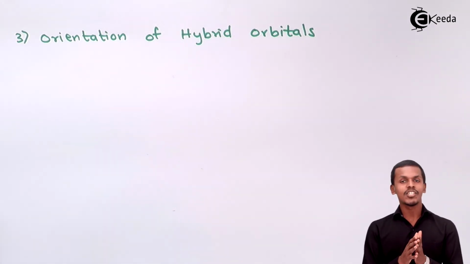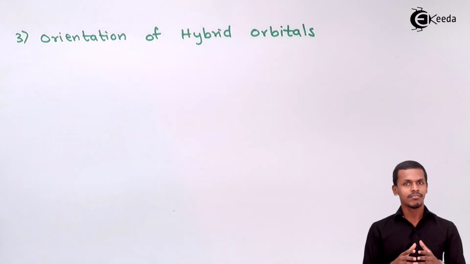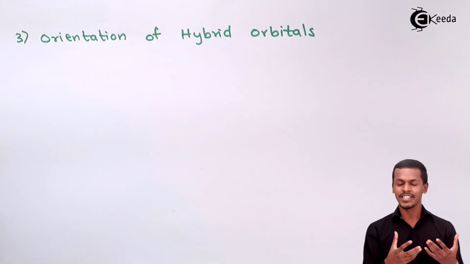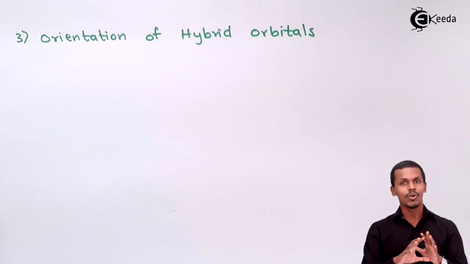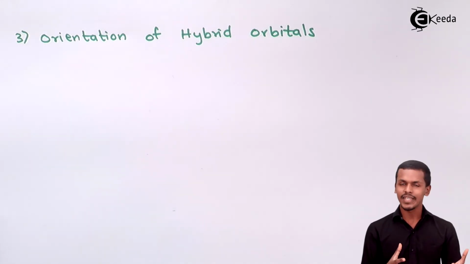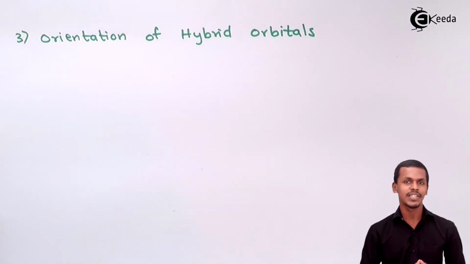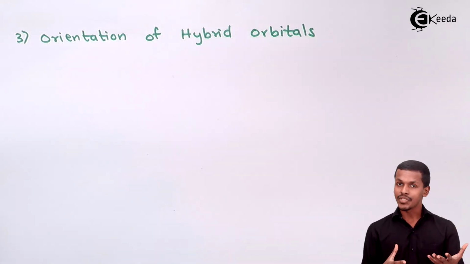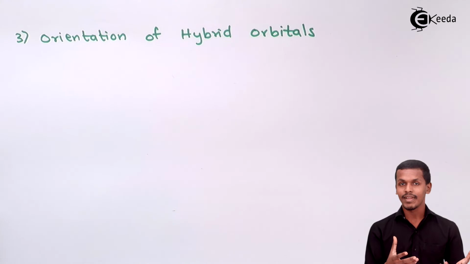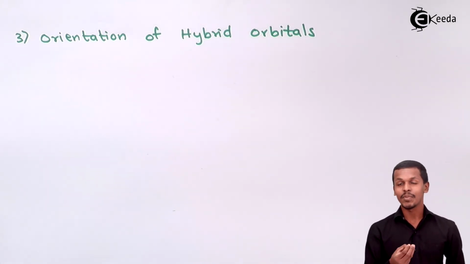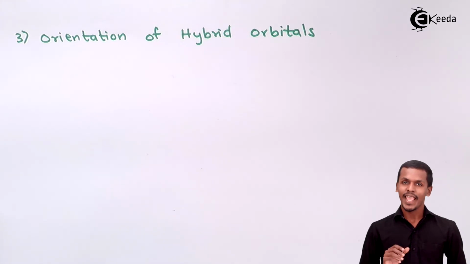Orientation is nothing but the distribution of the atomic orbitals in space without any repulsion or distortion in the geometry, and it gives us a stable structure along with a bond angle. That bond angle also plays a very important role, just like in the example we discussed earlier, that NH3 doesn't have a bond angle of 90 degrees.